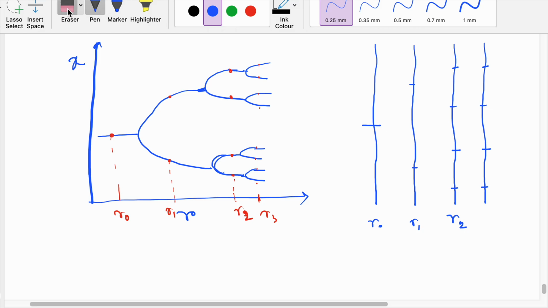Here every point becomes 2, these become again 2, then this point becomes again 2, then this point becomes again 2. So that means 1, 2, 3, 4, 5, 6, 7, 8.